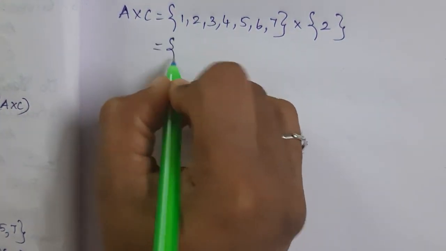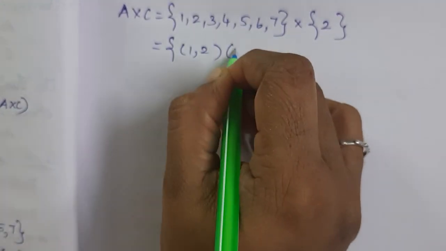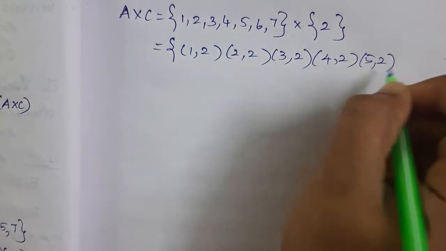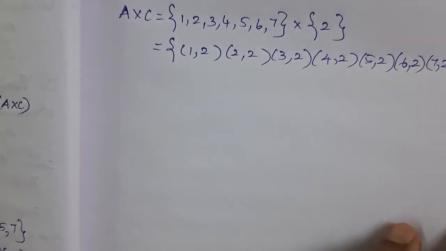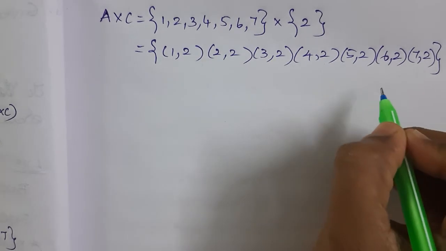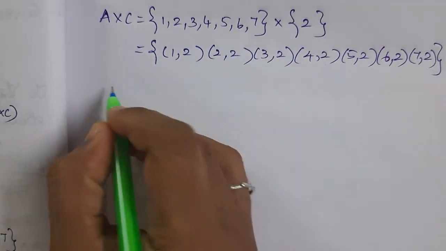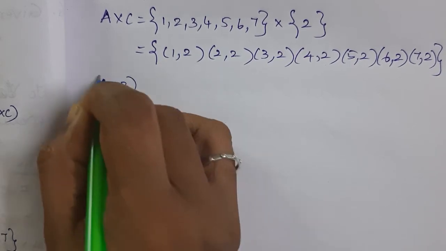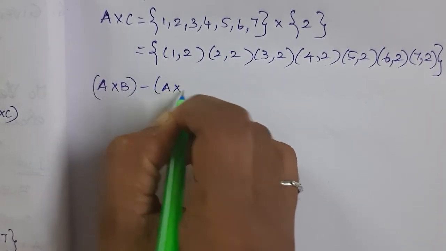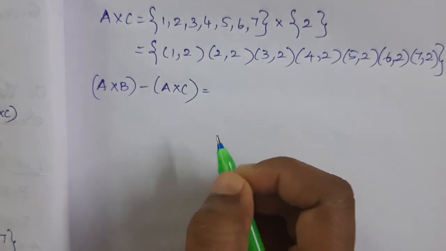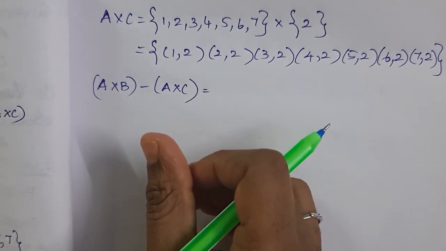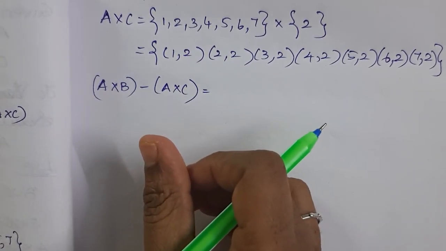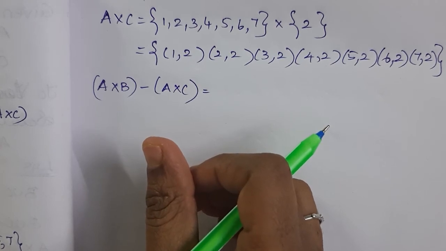So next step is we have to find the difference of A cross B and A cross C. As I told you, difference is nothing but removing all the elements which are in common.